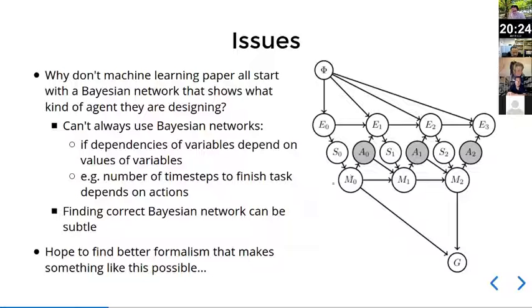This is impossible for Bayesian networks. But if we can extend this framework to such things, then, and it's just a hope, maybe we can also start talking about more interesting agents that ensure their own survival.